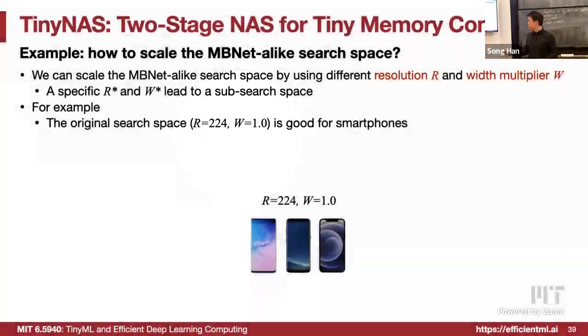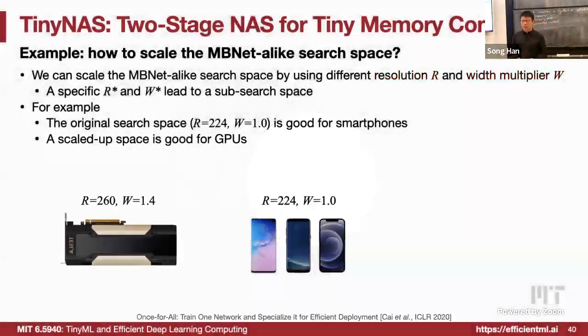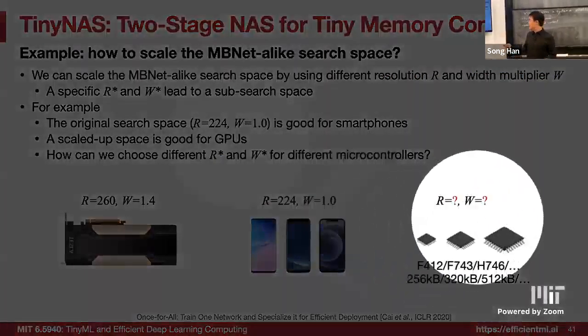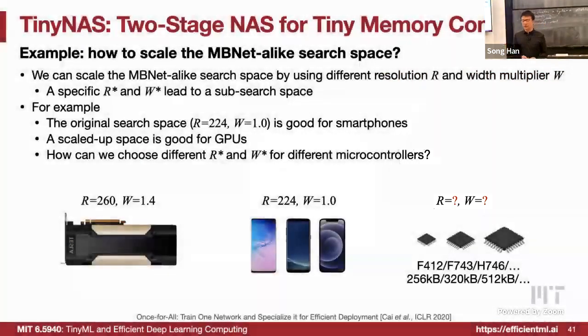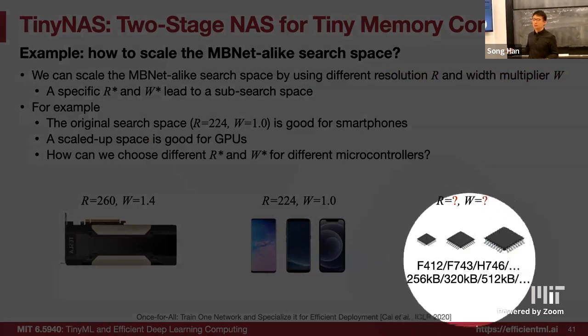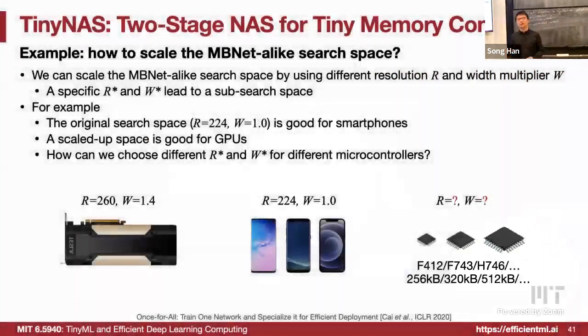That's pretty suitable for mobile phones. We can scale them up for GPUs, and similarly, we can scale them down for microcontrollers. Then the question is, how much exactly do we scale them down? Different microcontrollers also have different memory budgets, from 256 kilobytes all the way to 512 kilobytes.